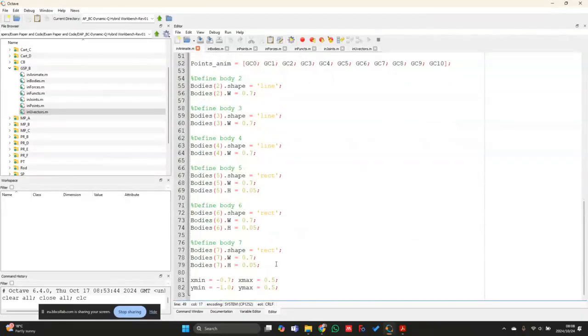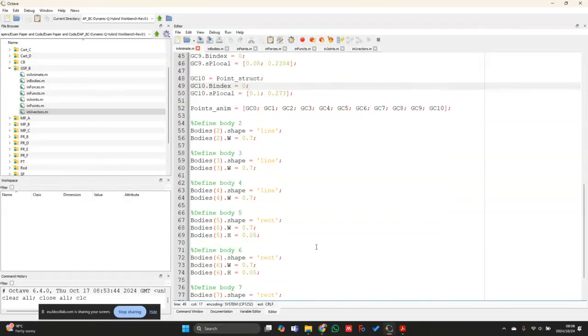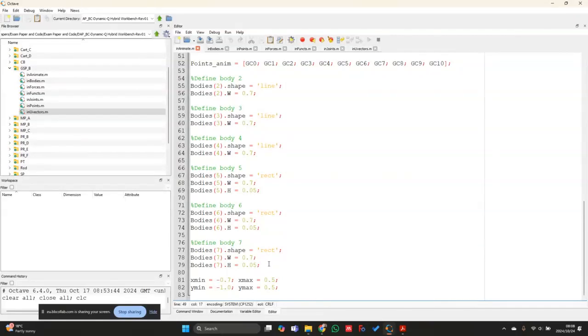Then for the bodies, we have some lines and rectangles as well. These are just to denote the actuators that we have. Body 1 is not defined, so it's in any case just going to construct a line between the center of gravity and then the points A and B. Then X min and X max, Y min and Y max are given as per usual, just to define the animation plane as well.